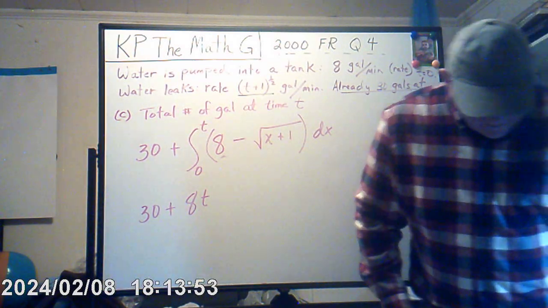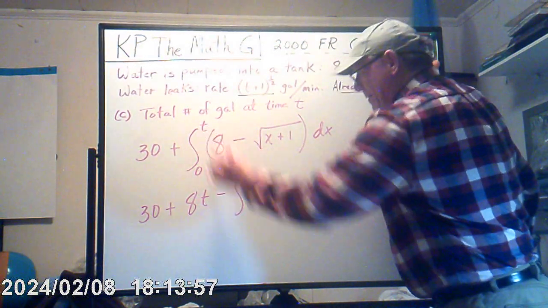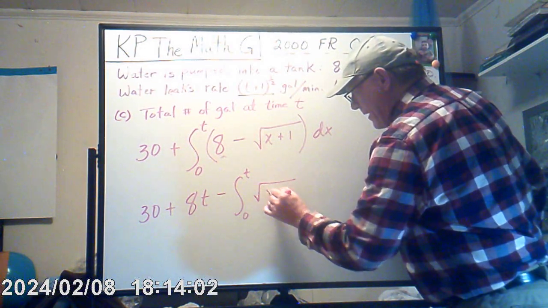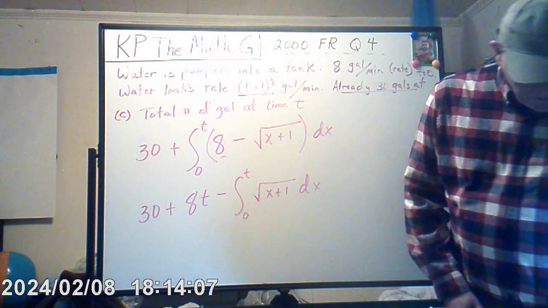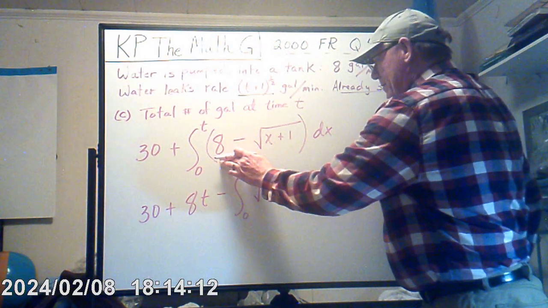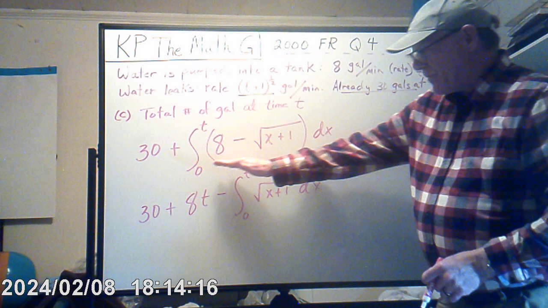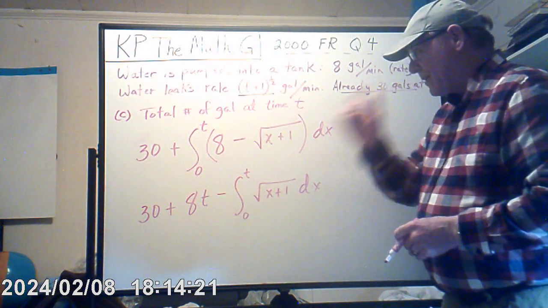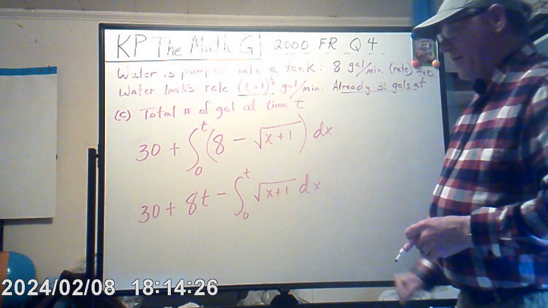And then minus, and then the square root of x plus 1 dx here. And that is one way to go about doing this. I would ask my professor or instructor, teacher, whoever's doing this, if this is acceptable here, okay? But this is the general.